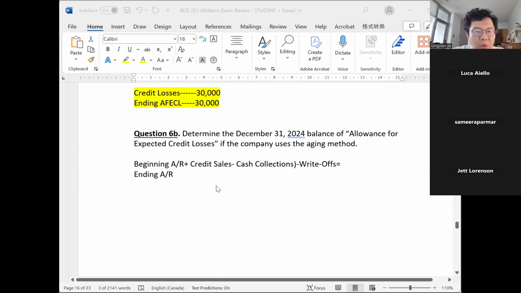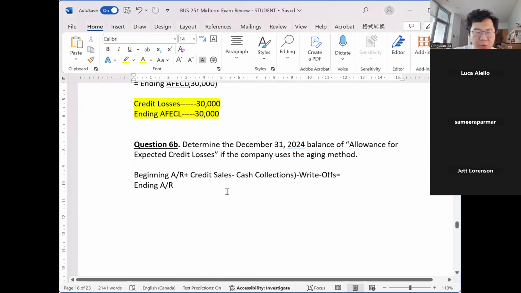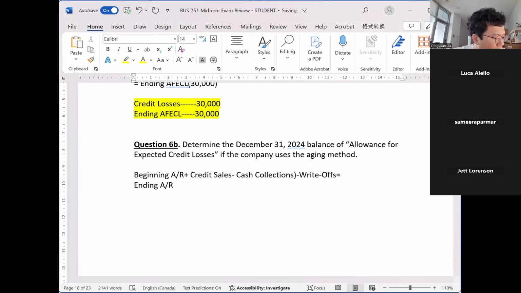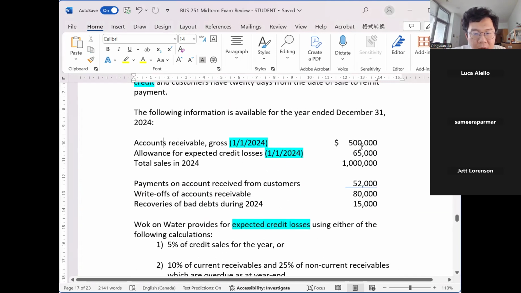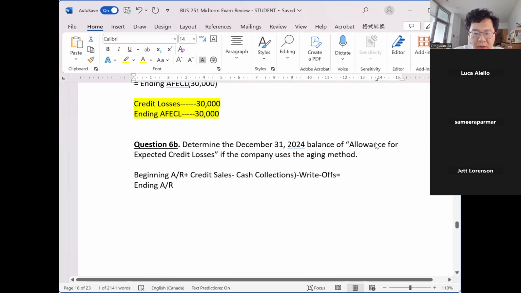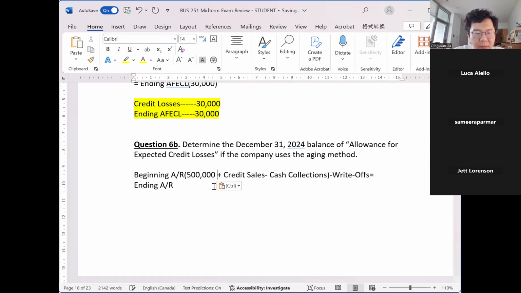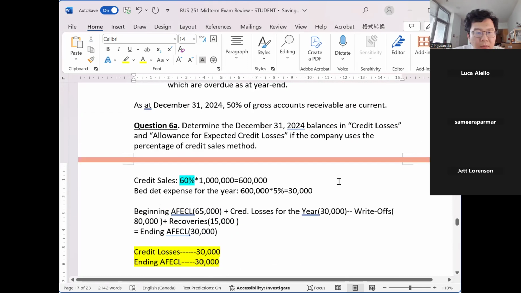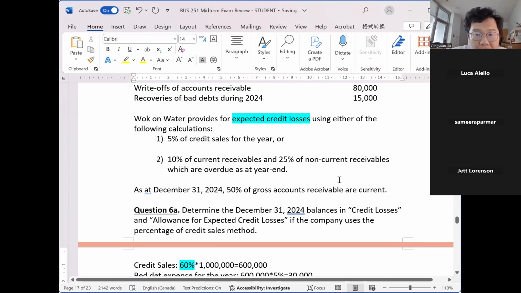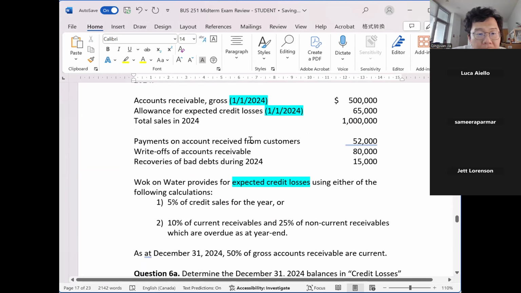So we have this equation and we are trying to plug in the numbers. The opening balance for account receivable here is 500,000, and we put it here.